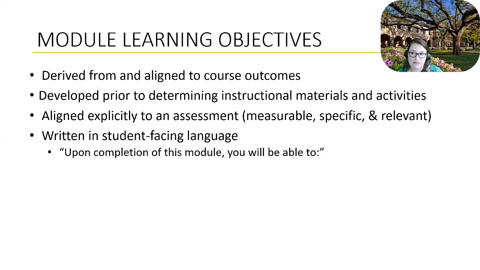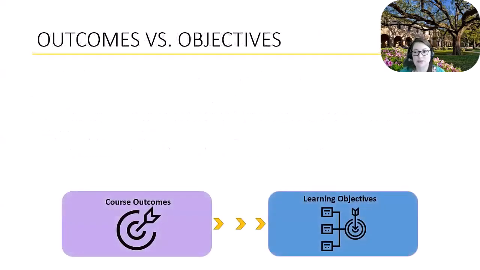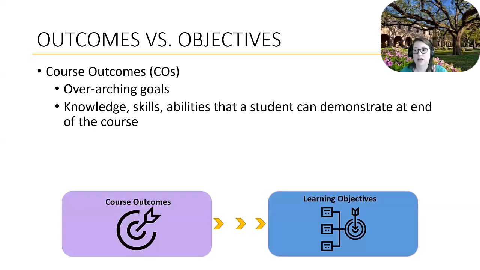So this was a lot of information. I want to talk briefly about the differences between course outcomes and module learning objectives. Again, course outcomes describe the overarching goals that a student will be able to demonstrate by the end of the course.